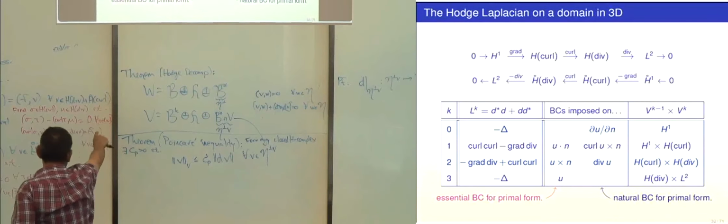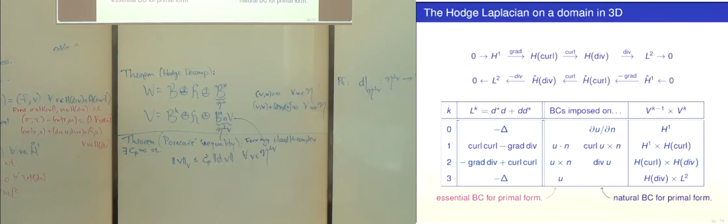What I mean is L2 is equal to the divergence of H0 div orthogonal complement with the constants. Let's assume that we have one connected component.